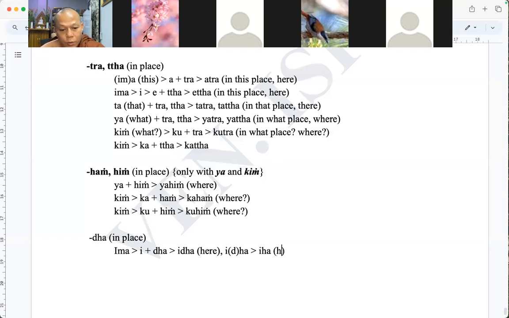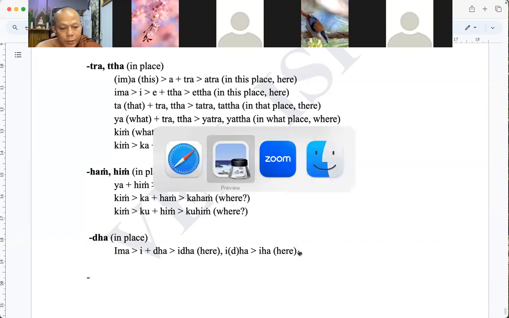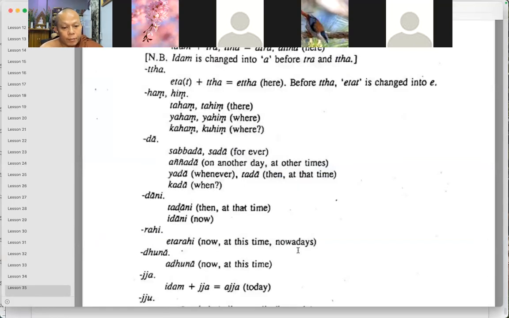That iha also just here. In this way we can see, but not included here. Just to recall, we already learned in the previous lessons.